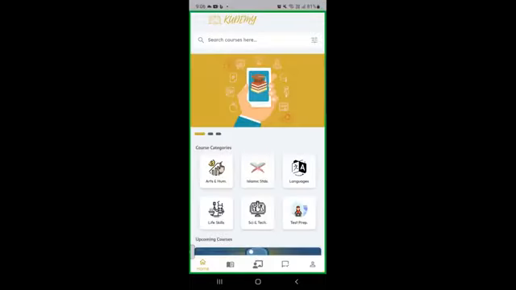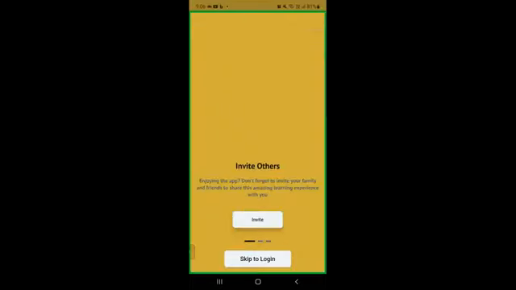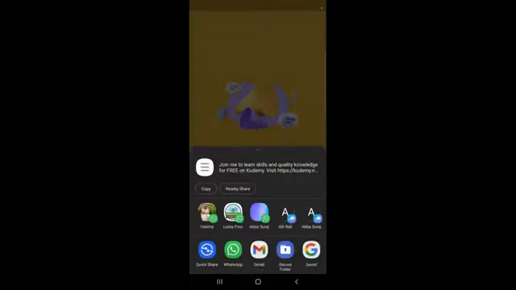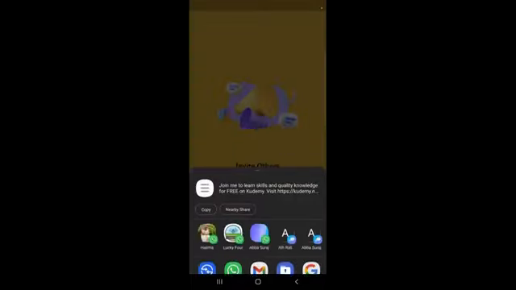So I will log out and log in again. When you open it for the first time, you will come to the onboarding screen. Here you can invite your friends and share the invitation. Just click here, you will be able to share directly on WhatsApp and so on.